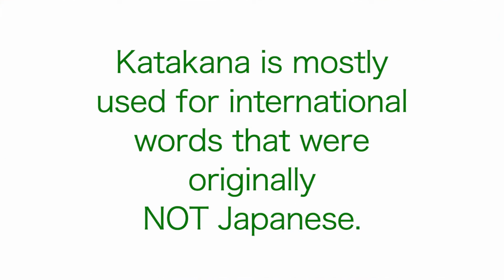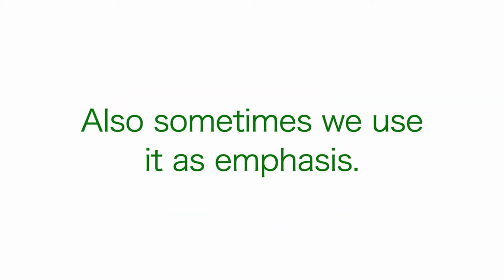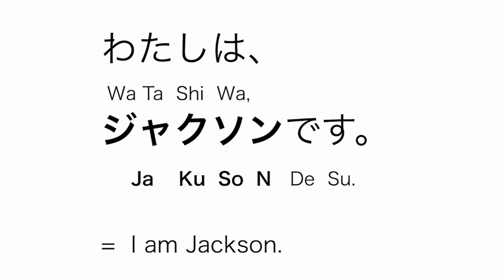Katakana is mostly used for international words that were originally not Japanese. Also, sometimes we use it for emphasis. For example, 私はジャクソンです。It means I'm Jackson.